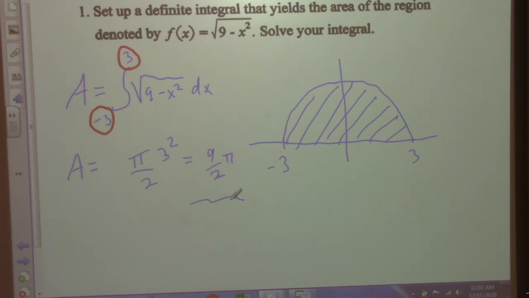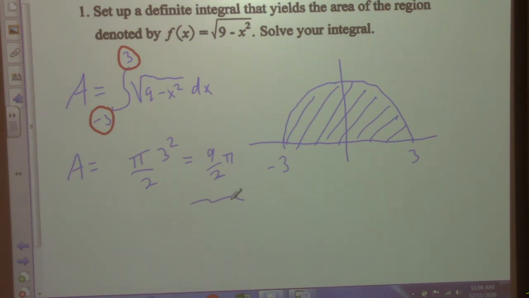When I say limits, I mean limits of integration, because just to say limits is not right.